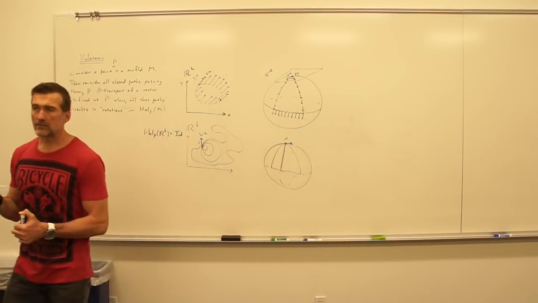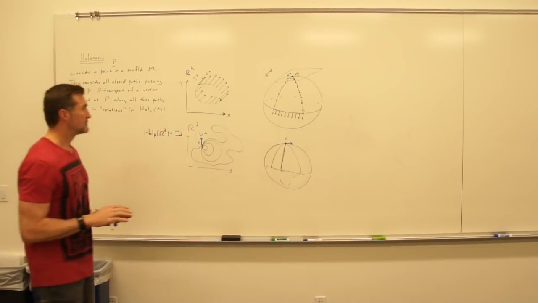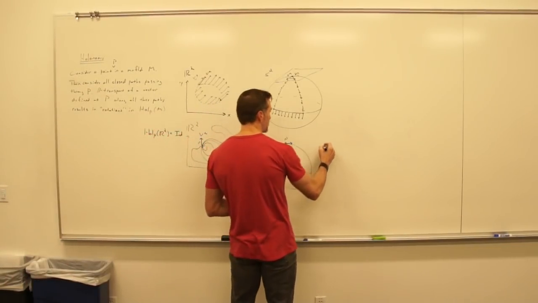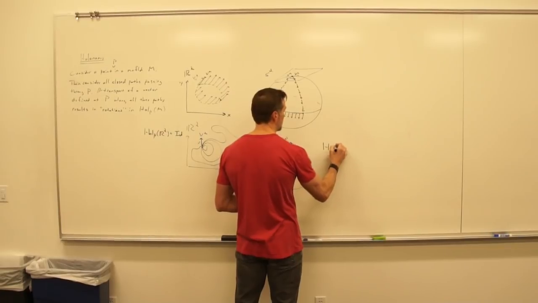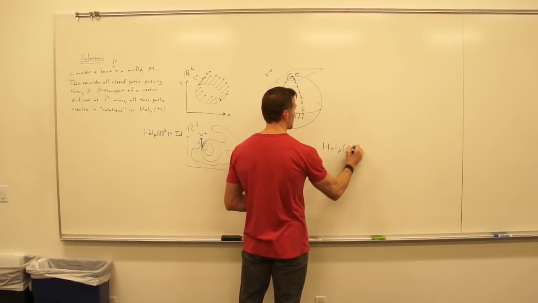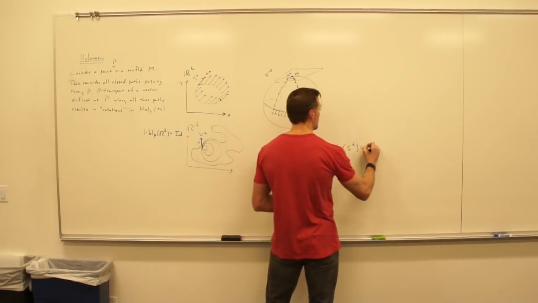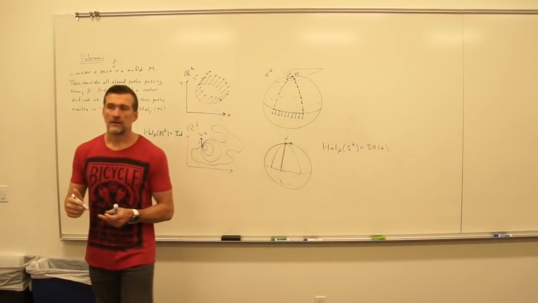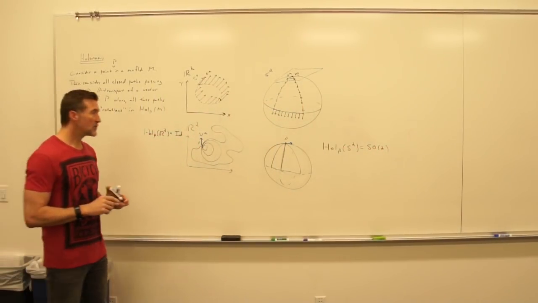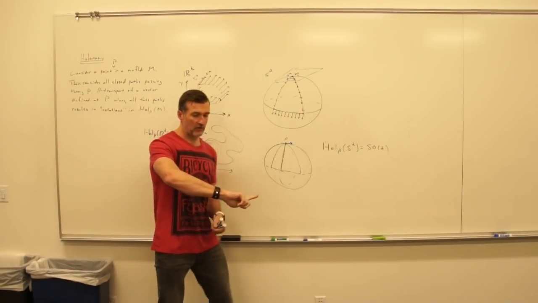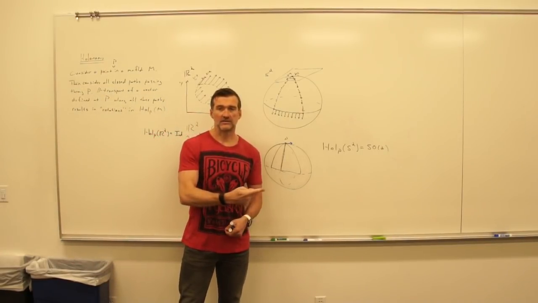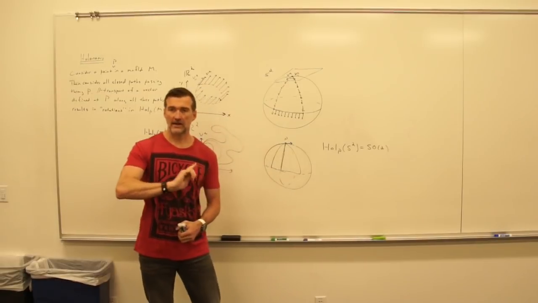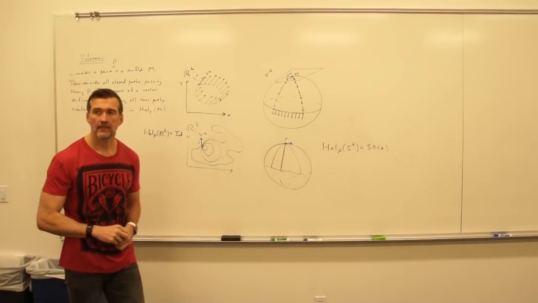So it probably is not a stretch for you to accept that the holonomy for the point P of a two-sphere is SO2, where by SO2, what I mean is simply the group of rotations in 2 dimensions, so rotating from 0 to 2 pi.